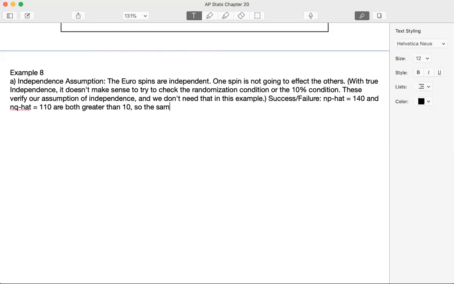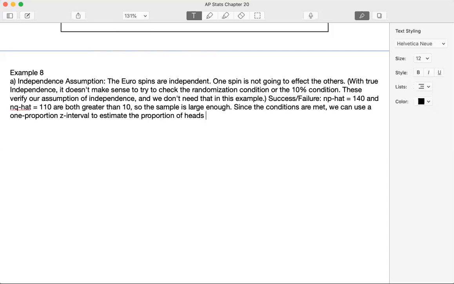So the sample is large enough. Since the conditions are met, we can use a one proportion z interval to estimate the proportion of heads in euro spins.